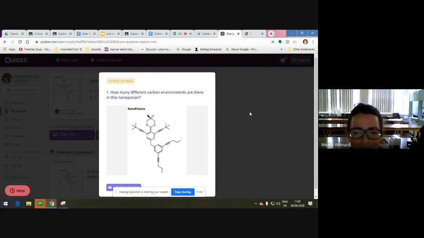So I gave them this design. I didn't design it, I'd like to say I did. And each carbon in the skeleton has its own environment. So you could see that that carbon there and that carbon there might be equivalent, they're the same.